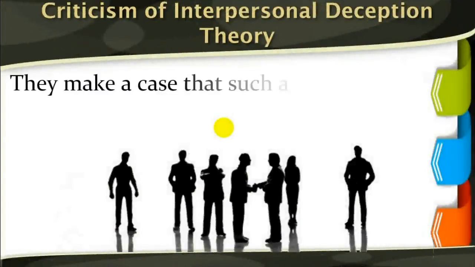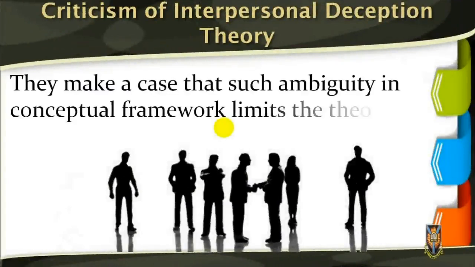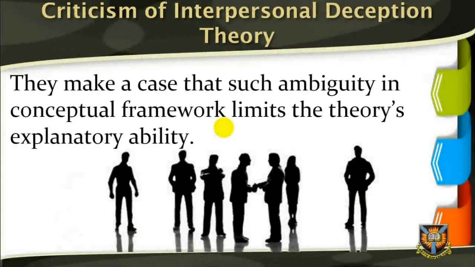Interactive communication stresses the situational and contextual aspects of communicative discussion, while interpersonal communication stresses discussion in which the sender and the receiver are influenced to make psychological predictions about one another's behavior based on person-specific prior knowledge. They make a case that such ambiguity in conceptual framework limits the theory's explanatory ability.